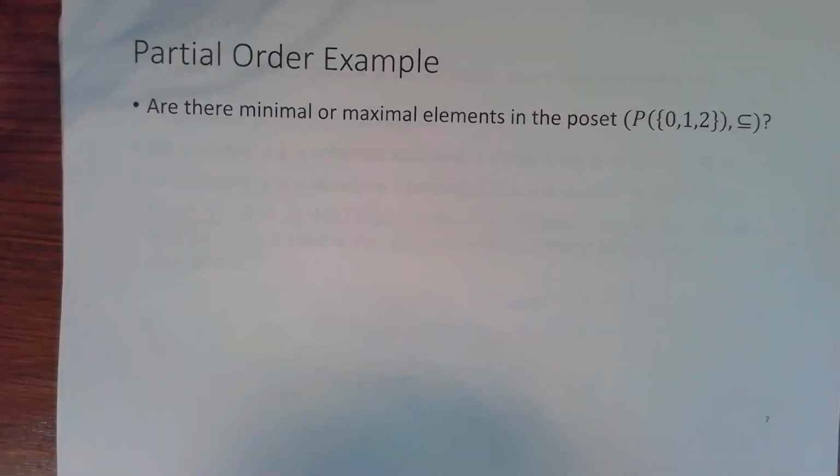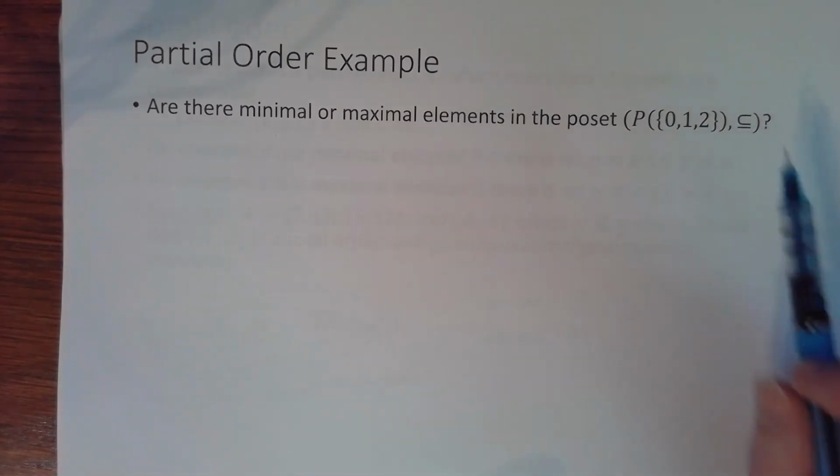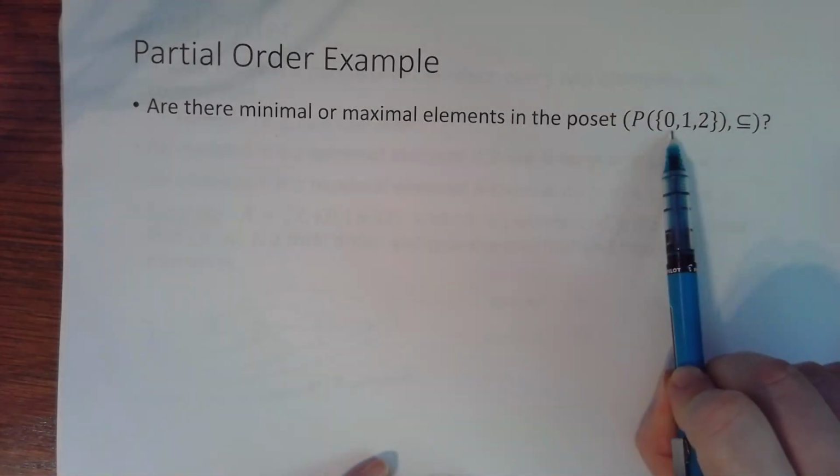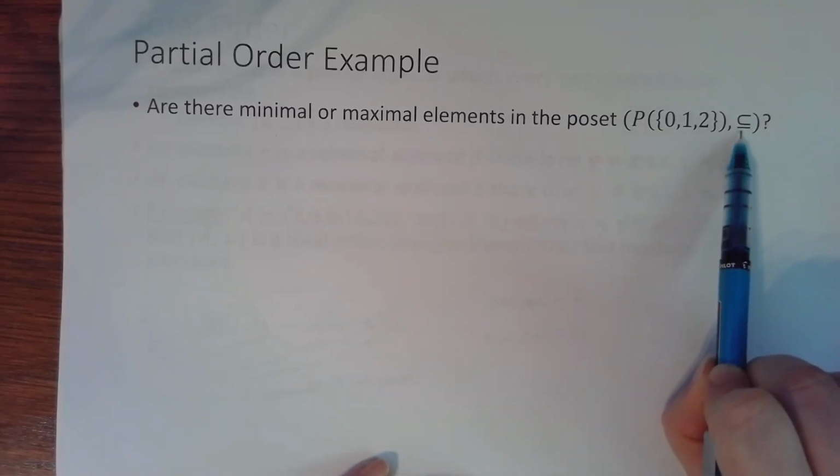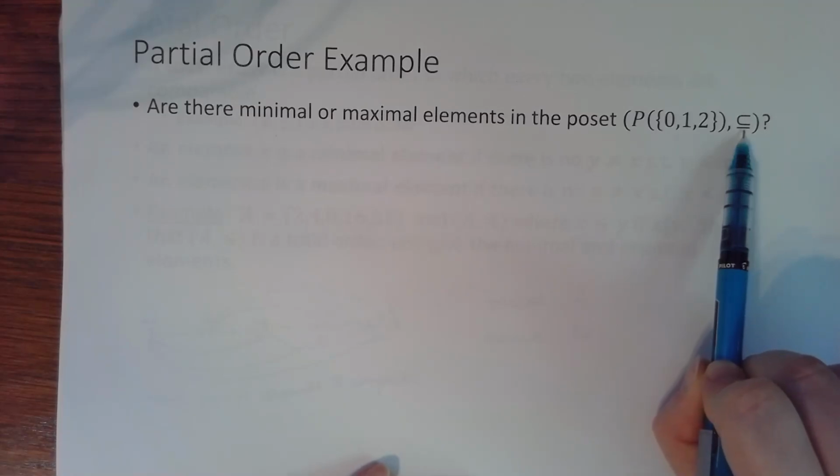So let's look at a different partial order example. We've got the power set of the set containing 0, 1, and 2, and it's ordered by the subset relation.